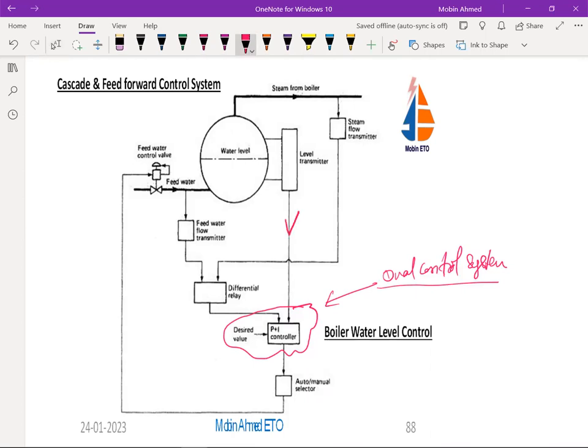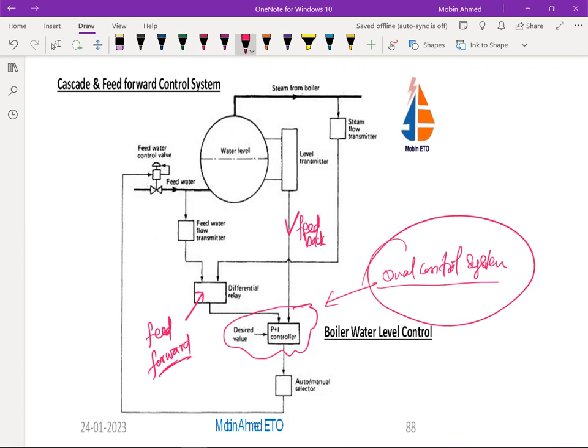This is the feedback. And one is going to come from here. This is a feed forward system. So feedback and feed forward, this is a dual control system. Both are being used here. So that's why this is also known as a cascade control system. How is it a cascade control system? Let's see here.